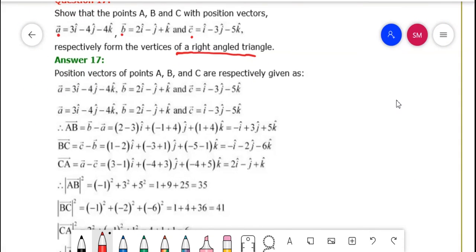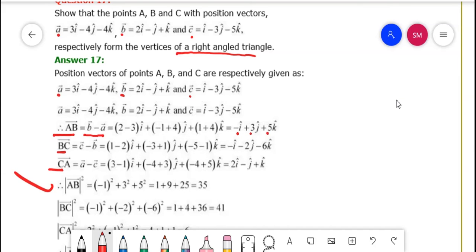So first, the position vectors of A, B, C are available. First of all, I will find vector AB, that is B bar minus A bar. You know how to find B bar minus A bar, because A is the initial point and B is the final point. So that is -i, 3j and 5k. Similarly BC, then CA.